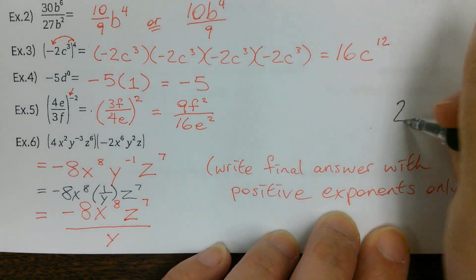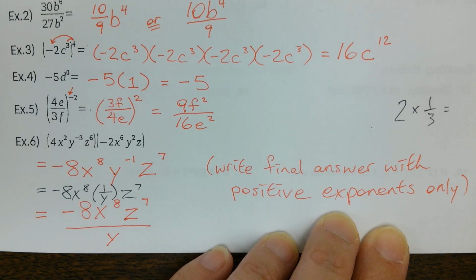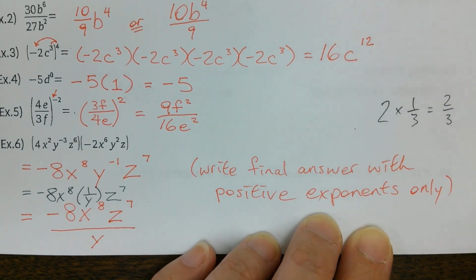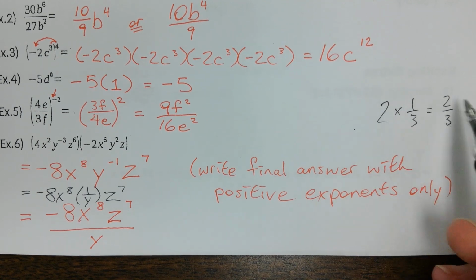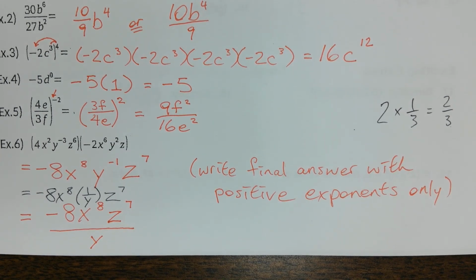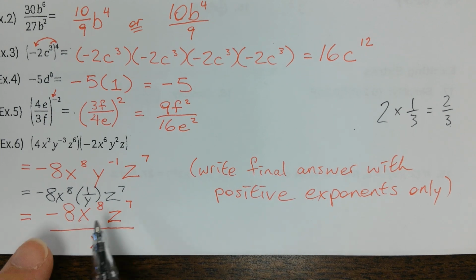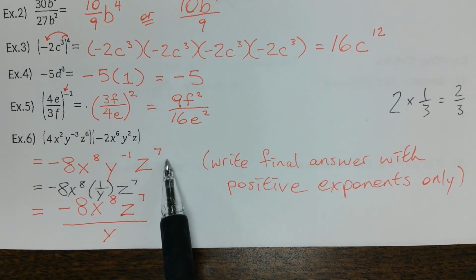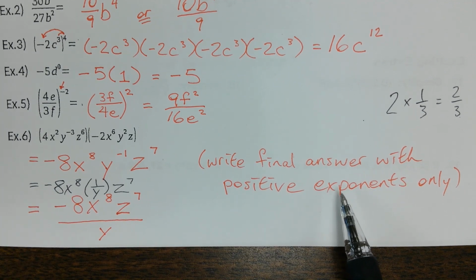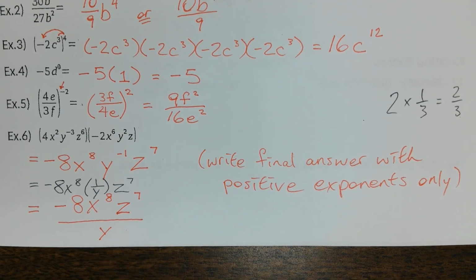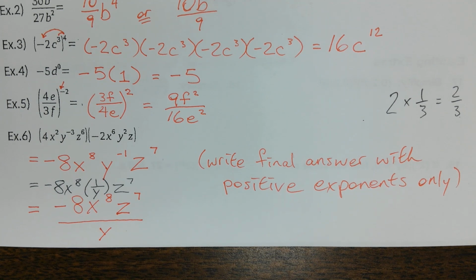Just like if we have 2 times 1/3, your answer is 2 over 3, right? So in this case, it's 1 over y, so it's 2 over y. This is a good answer, but if the question says write it with a positive exponent, like your homework yesterday, then you have to write it without the negative exponents.